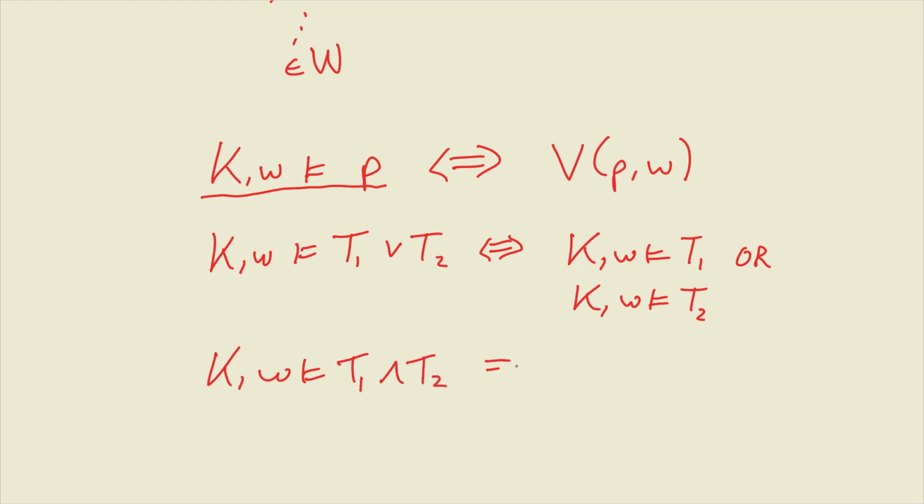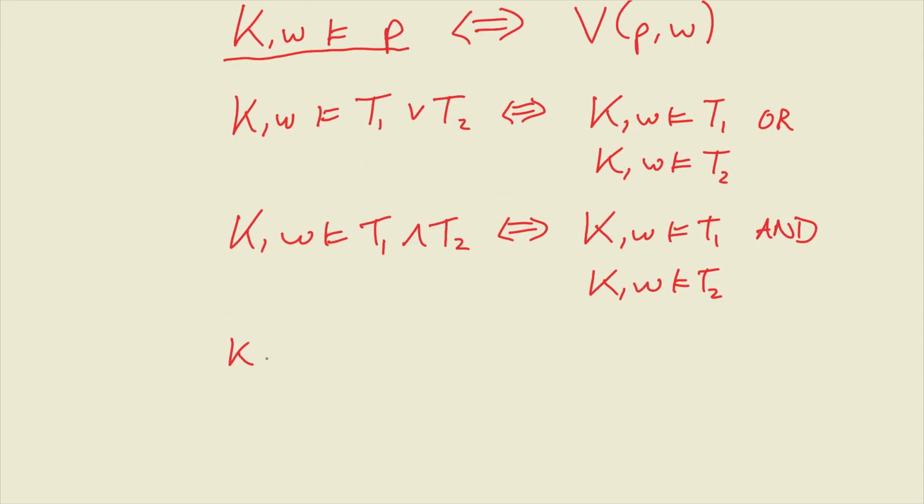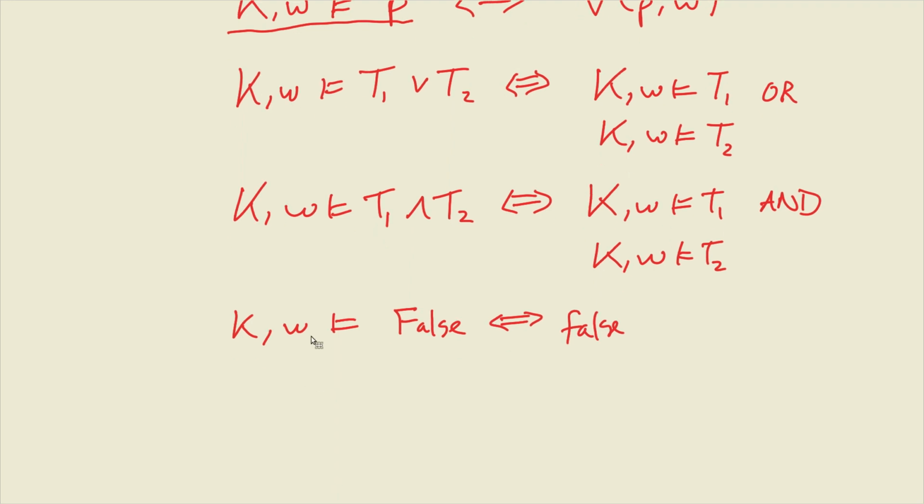The exciting case is implication, but let me just quickly write out these easy cases. I'm writing capital AND here to emphasize it's the meta-level conjunction. Okay, what about false? Because we want to include a symbol for false. If we have the logical formula false, well, that's false. In other words, the logical formula false is always false in whatever world you're in.